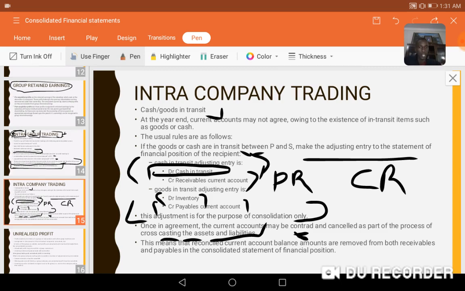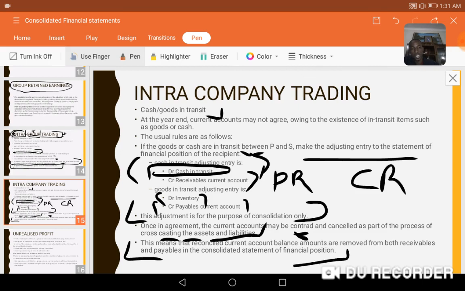Then there is the non-controlling interest. Yes. So this means that the reconciled current account balance amounts are removed from both receivables and payables in the consolidated statements.